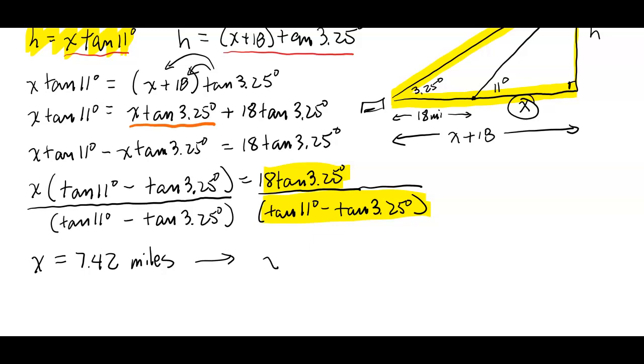So h is going to be 7.42 times the tangent of 11 degrees, 7.42 tan 11, and that gives us about 1.44 miles high. There you have it.